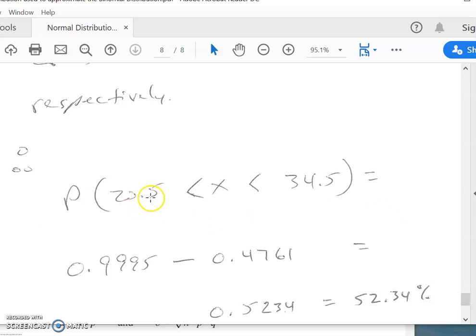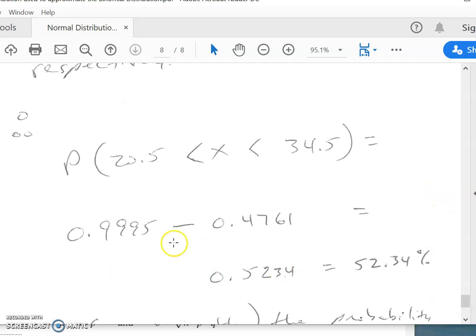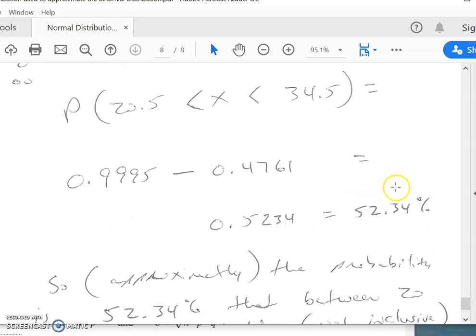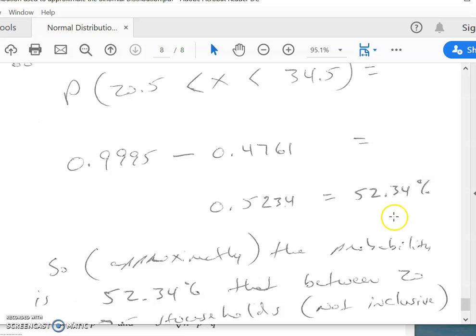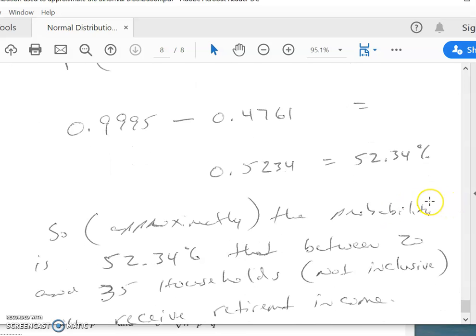Therefore, the probability that x is between 20.5 and 34.5, using the normal approximation, you just crank it out. Take this area here away from this area here, and that gives me 0.5234, which is equal to 52.34%.